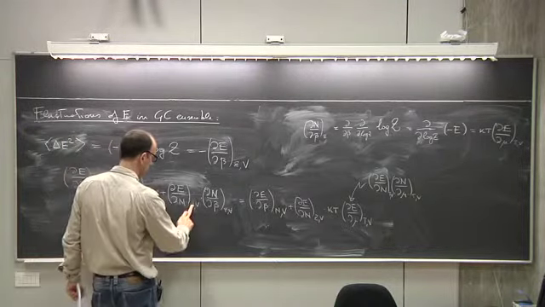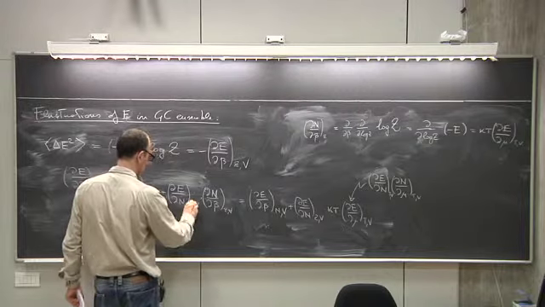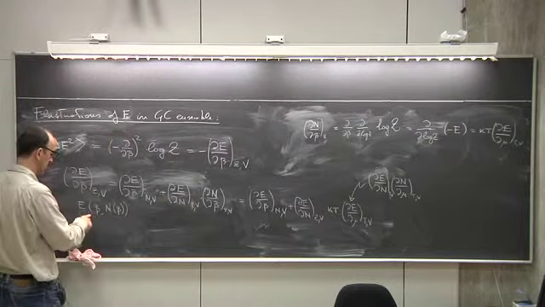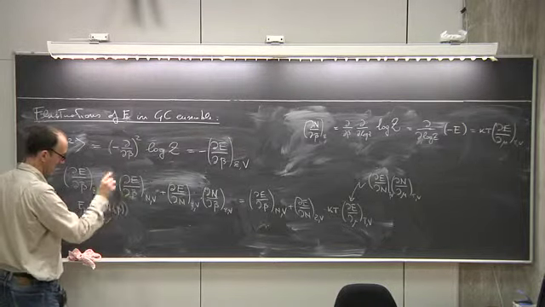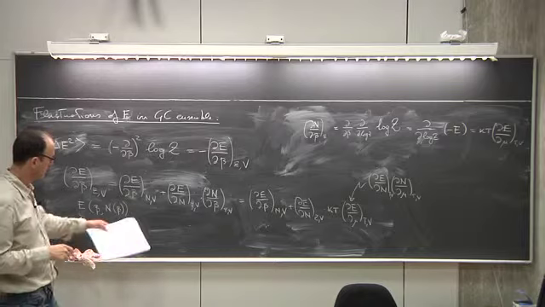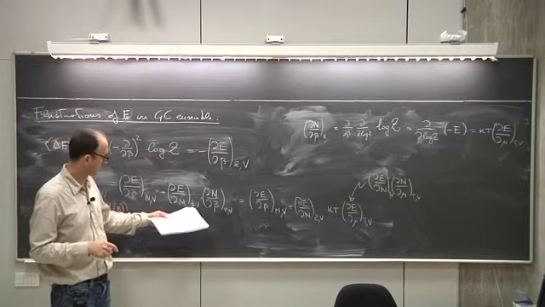Here what I'm keeping fixed is again T, because I'm considering the energy as a function of temperature and number of particles. So this is dE/dN at constant T.